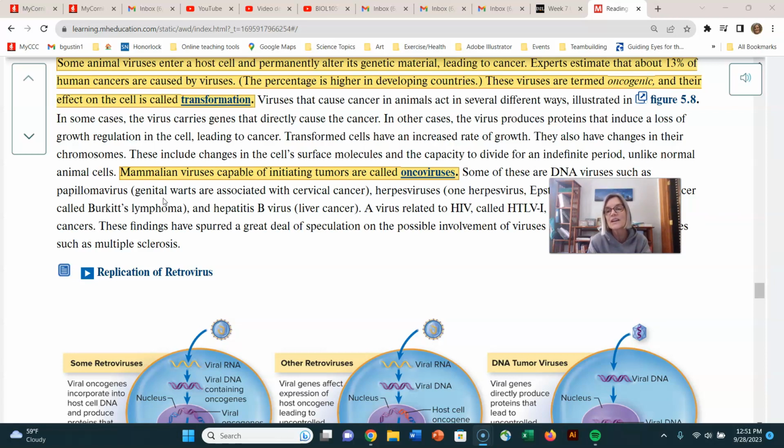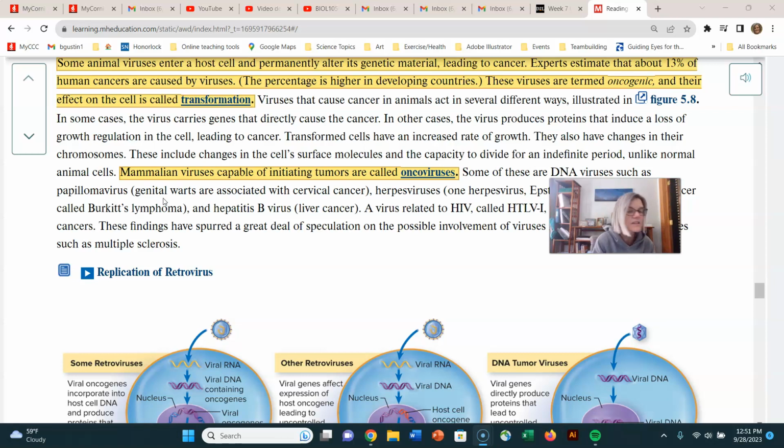What physicians are doing now is some of those doctors are recommending that we no longer do pap smears. They just recommend screening for HPV, the human papillomavirus. And if you don't have that virus, you're not going to get cancer from it. So cervical cancer is caused by the HPV virus that causes genital warts.